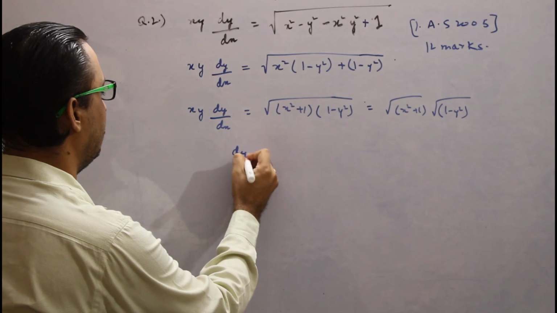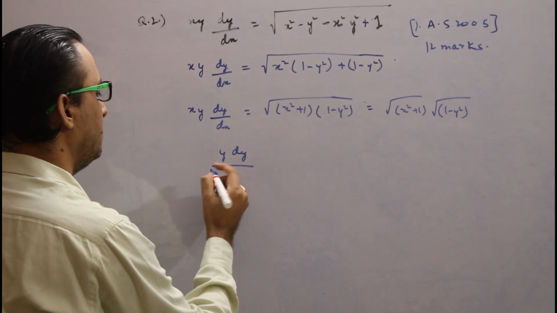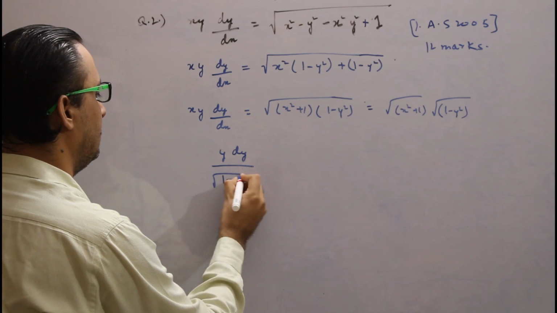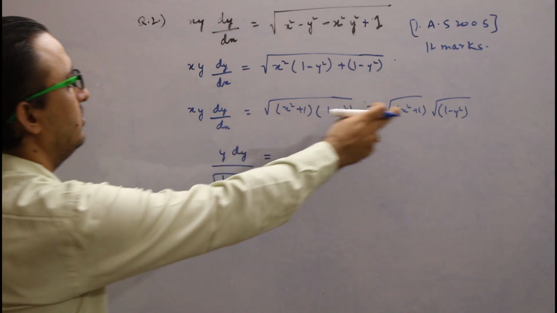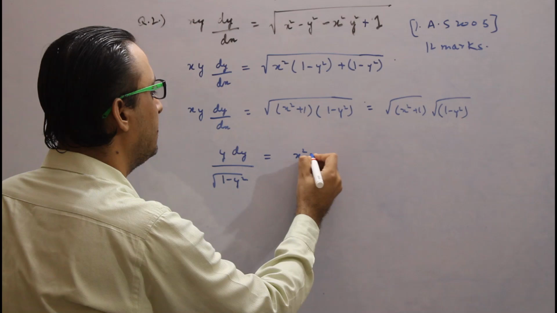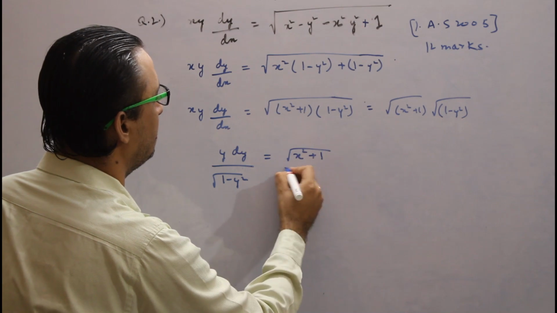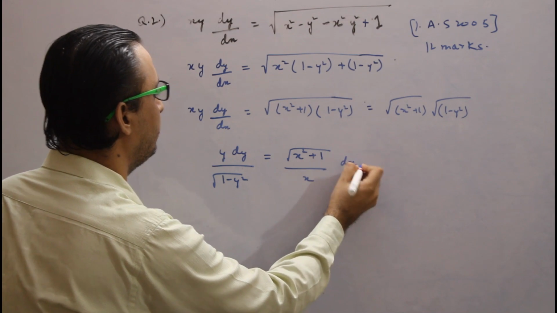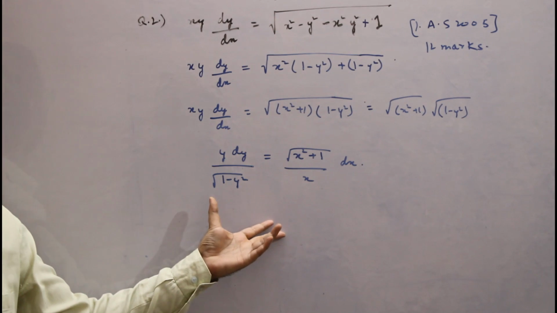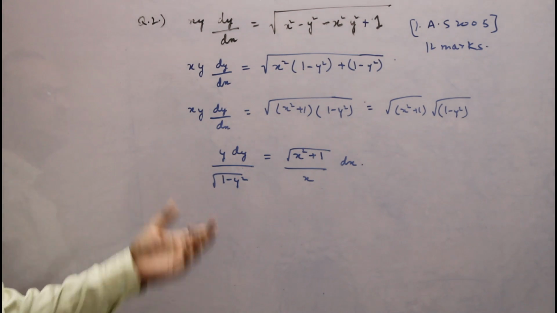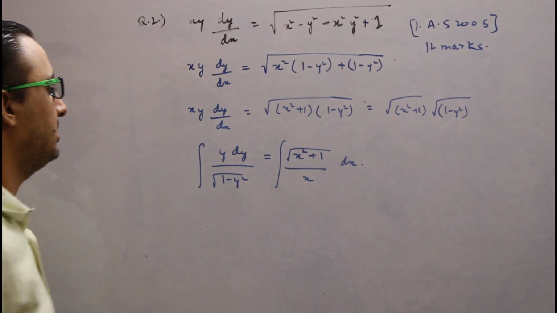If I write y dy, and if I bring it from numerator to denominator on this side, I can write it like this. And if I send dx in the denominator to that side, this becomes under root of x square plus 1 by x dx. Now this becomes separated. Now we can very easily do the integration.